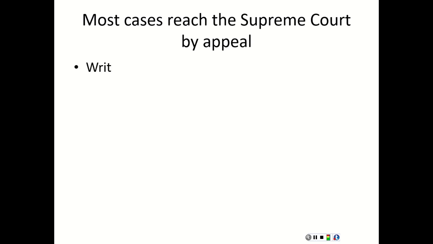I'm going to talk about writs for a second, a certain type of writ. If you recall, and I hope you understand, the appeals process, you're going from a lower court to a higher court. So you're going from the trial court or the district court to the appellate court, the circuit court, the court of appeals. If you appeal to the Supreme Court, what's going to occur?